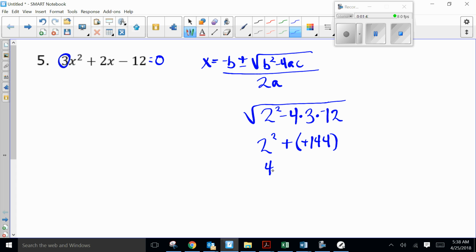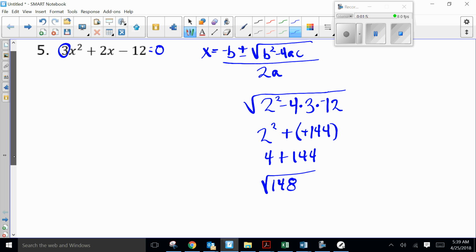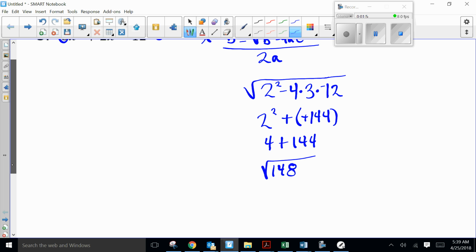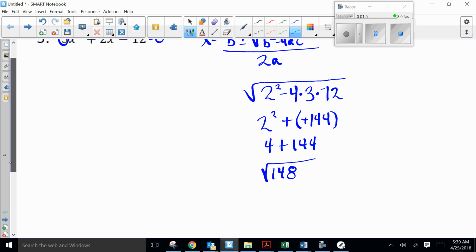So really I have 4 plus 144. So I have the square root of 148. So I have negative b plus or minus the square root of 148 all over 2a.